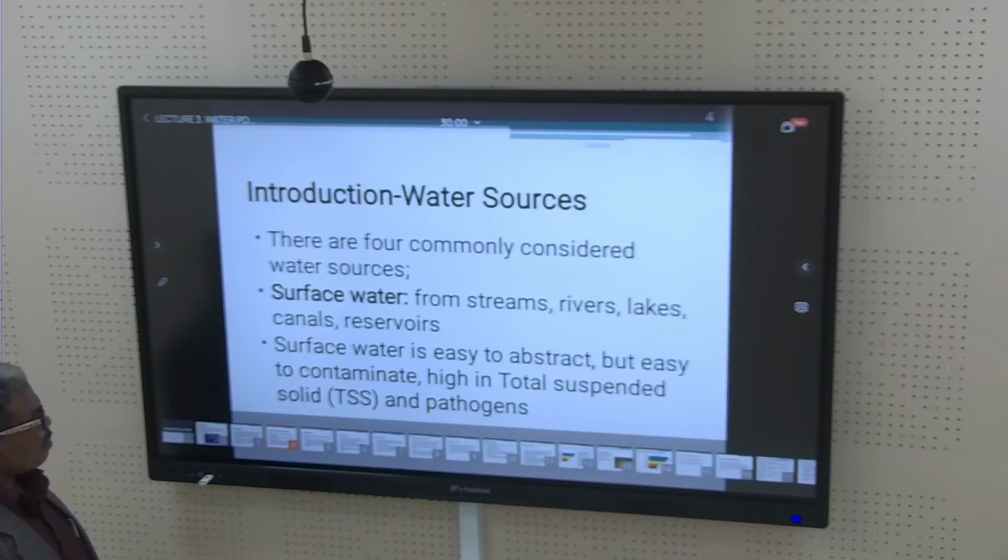Surface water is easy to abstract, but easy to contaminate, high in total suspended solid, TSS, and pathogens. So the surface water, you can easily extract it, but easy to contaminate because it is open.